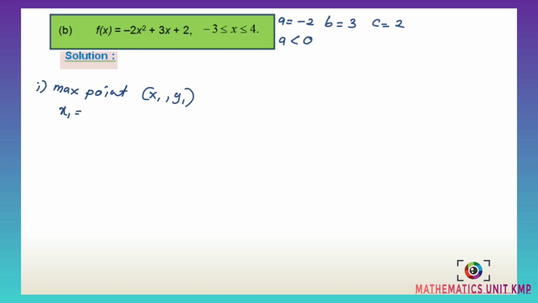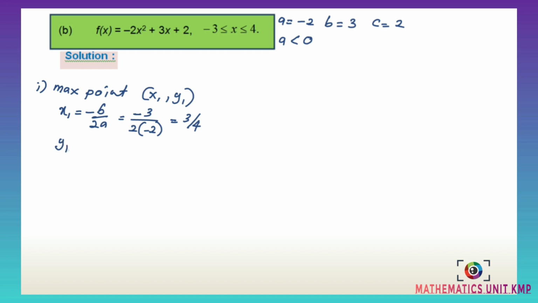To find x1, use the symmetrical line negative b over 2a, equal to negative 3 over 2 times negative 2, equal to 3/4.